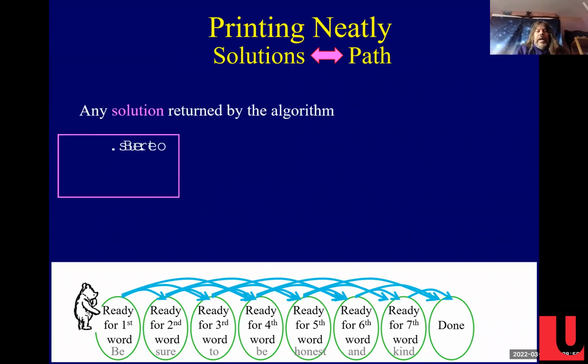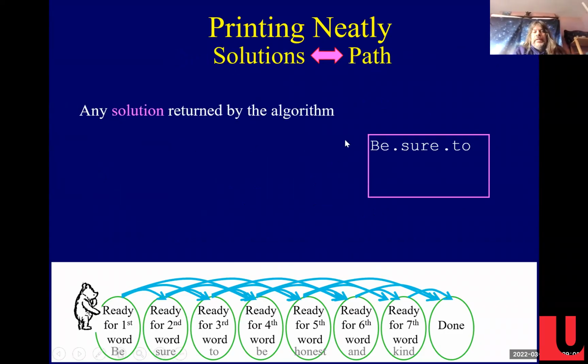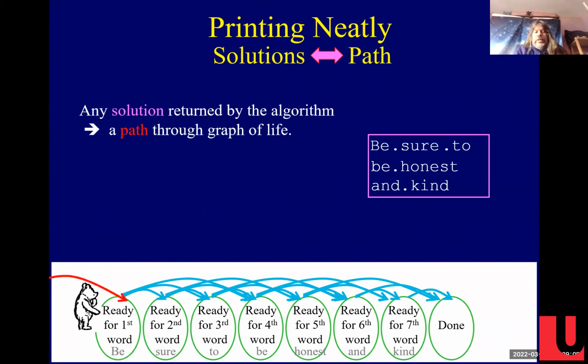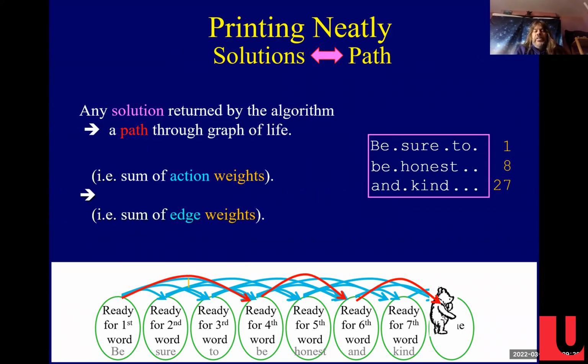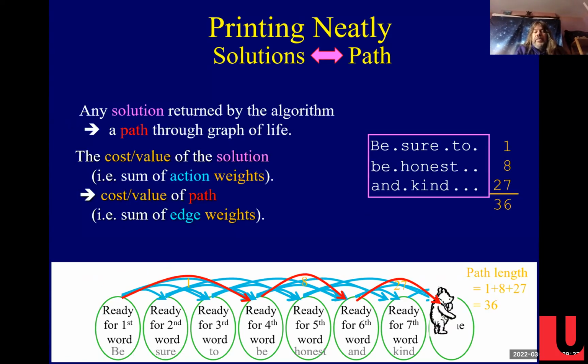Any solution that could be returned by the algorithm corresponds to a path through this graph, and the sum of the action weights is going to be the cost of this path, of this solution.